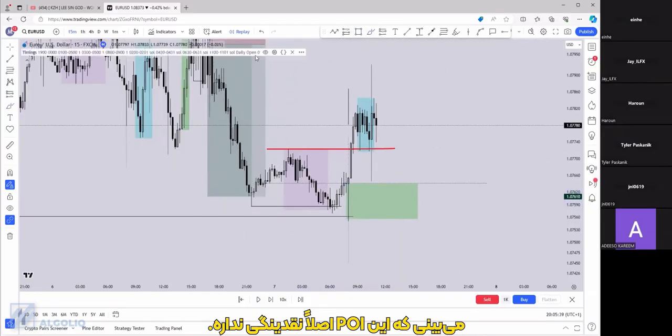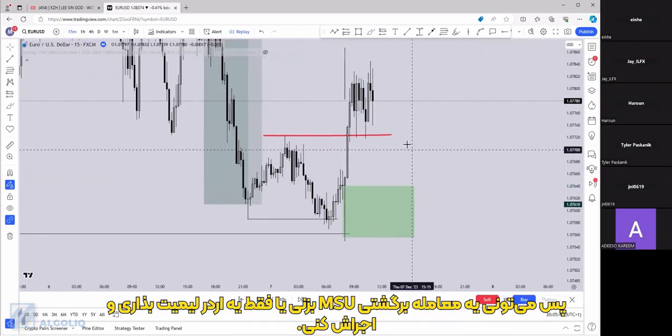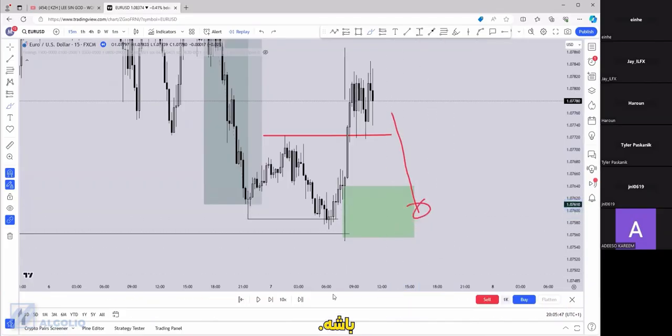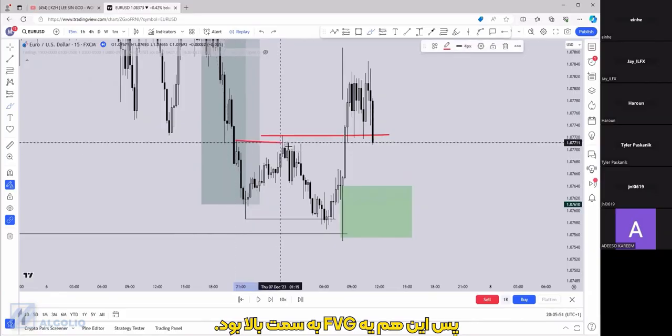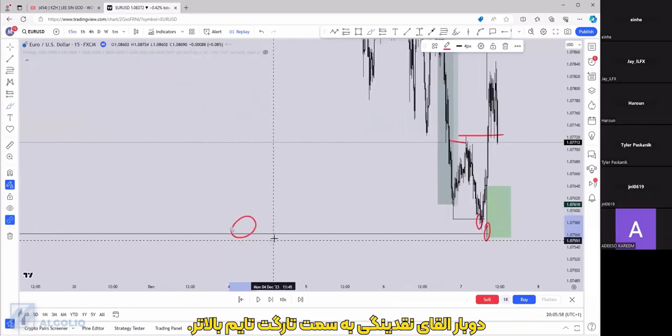You can also see that this POI doesn't have any liquidity. So you can trade a reversal MSU, or you can just put a limit and execute it. So FBOS, this was also an FBOS up, inducement, double inducement into higher time frame objective, right?